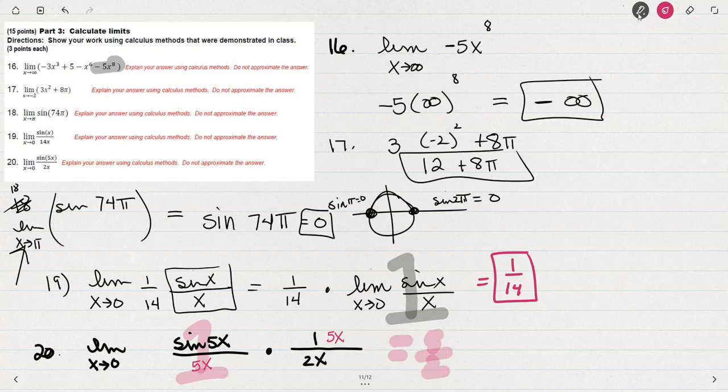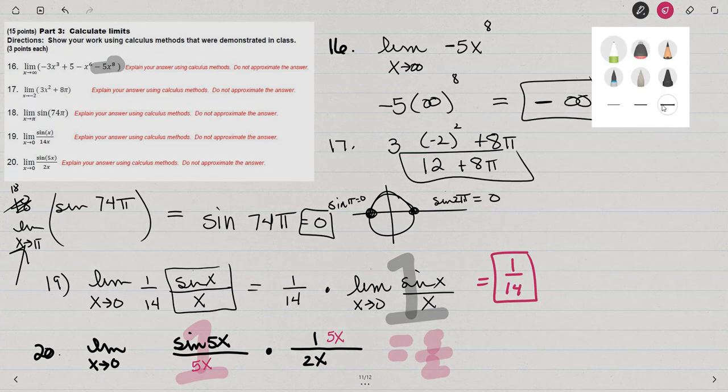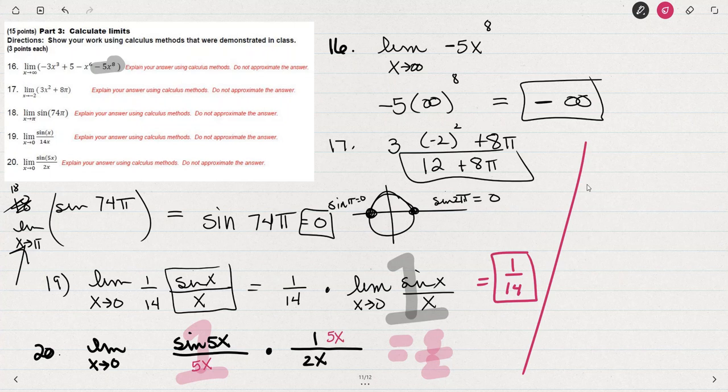The way we were doing this before will also work. So let me squeeze this in here. We have a 5x over 2x, and we're trying to think of what can I multiply 5 over 2 times to get 1. And the answer is going to be 2 over 5.